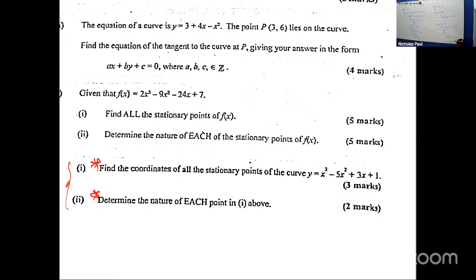So the one I gave you was 2x cubed minus 9.